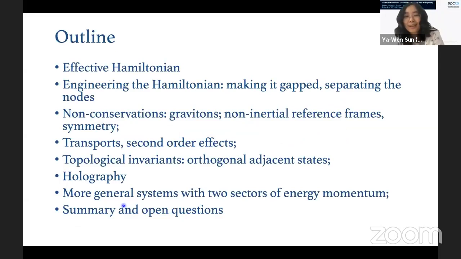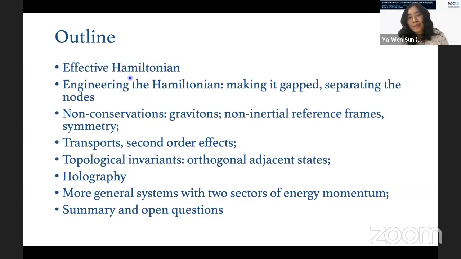So here the outline is also the main storyline of my talk. For our goal to find the topologically non-trivial gapped states of matter, the first thing is to deform the system. An easy way to do this is to first define an effective Hamiltonian of the system, which plays a similar role to the Hamiltonian of a fermionic system.